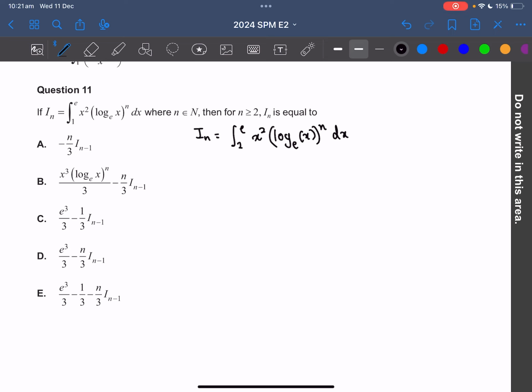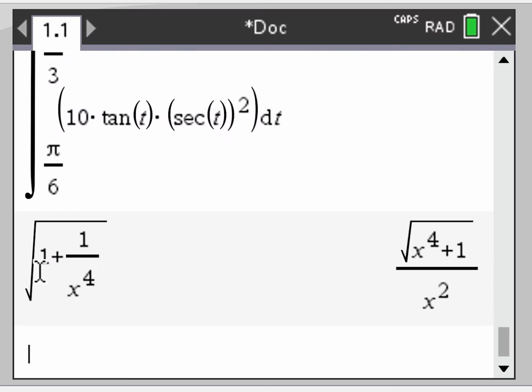So I'm just going to use integration by parts. Let u equal, well, we can't let u equal x squared because we don't know how to integrate the log term. So we have to let u equal (log base e x) all to the power of n, and let dv equal x squared, because we do know how to integrate this, right? So we have du/dx equal to, let us just differentiate on the CAS, no point doing it by hand.